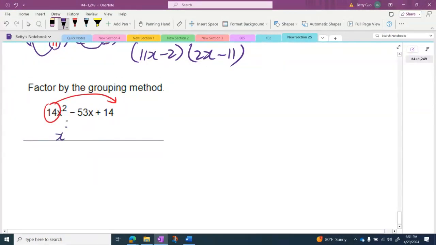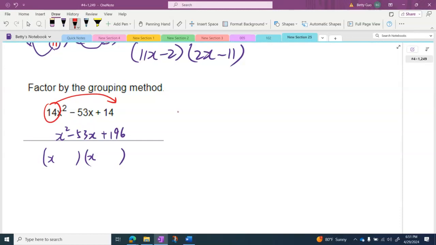So we have x squared minus 53x plus 14 times 14, 196. Yeah. And then we need a shortcut. We need to find two integers that multiply to 196 and add up to negative 53.